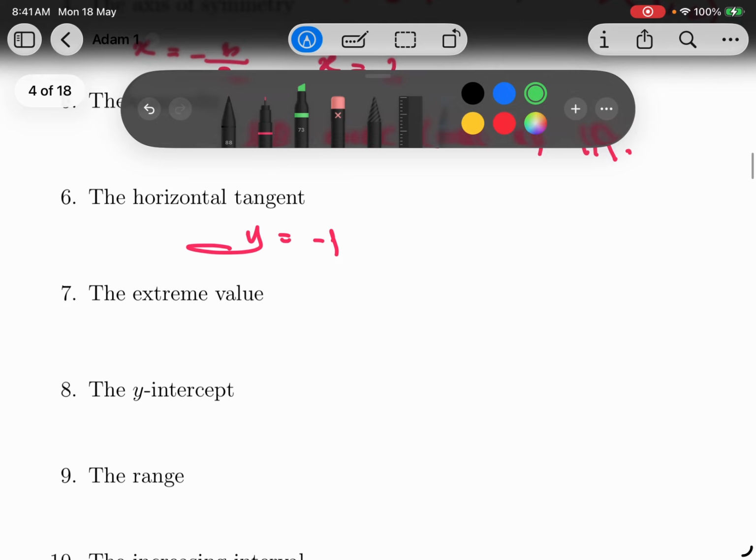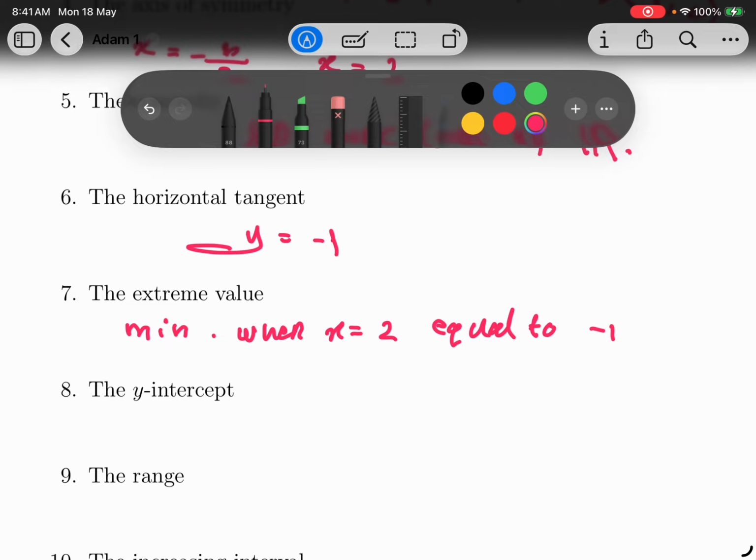So the extreme, I will first of all classify as a minimum. It's a minimum when or at x equals 2, and it equals -1. So here, guys, please, we have to distinguish between the occurrence of that minimum.